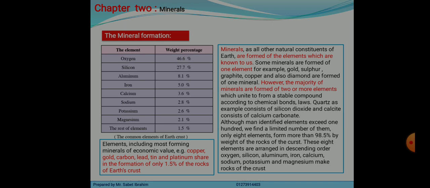So, elements including most materials of economic value like copper, gold, carbon, lead, tin, and platinum share in the formation of only 1.5% of the rocks of Earth's crust.